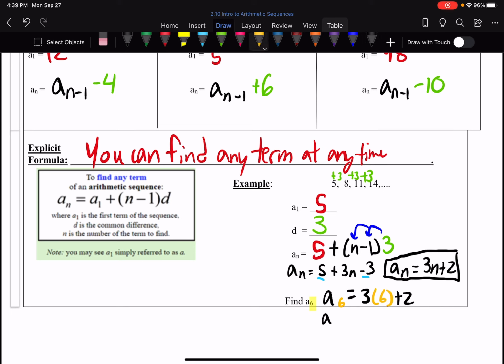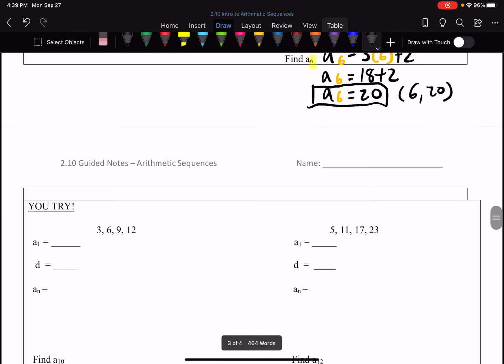That means our a sub 6 is going to equal 3 times 6 is 18, plus 2. So therefore, the 6th term of the sequence is equal to 20. If I were to write that as an ordered pair, it'd be (6, 20). You guys try the next two.